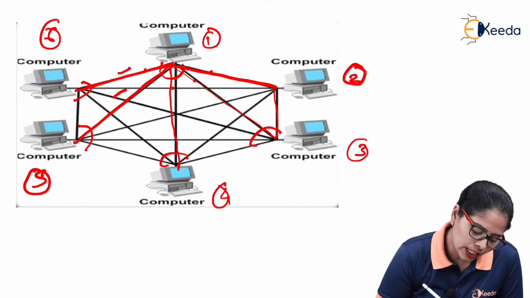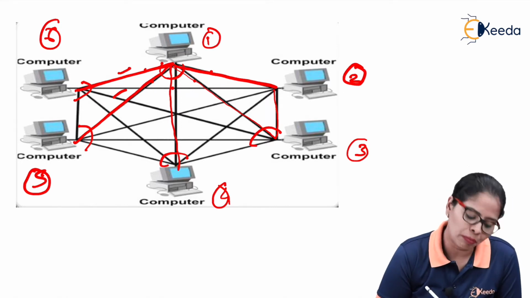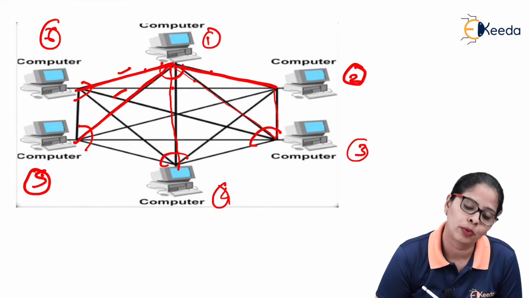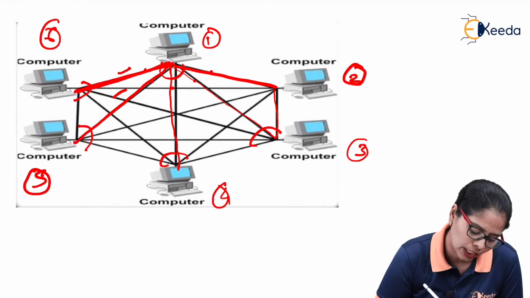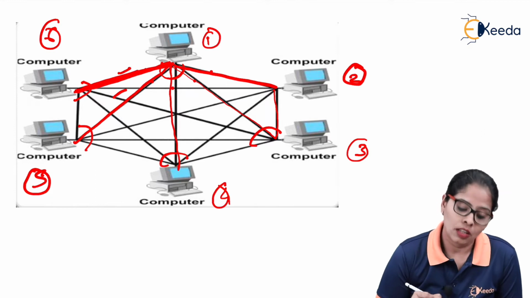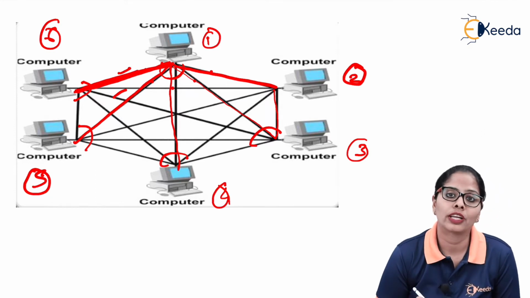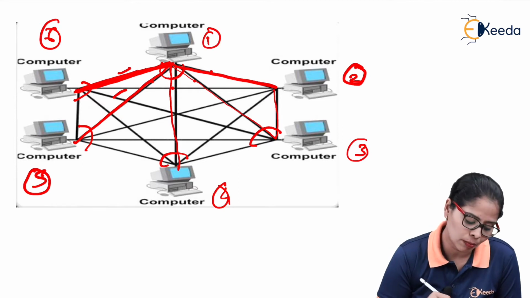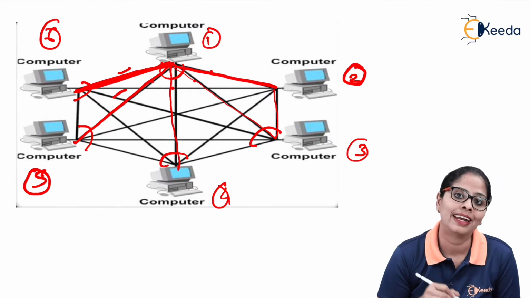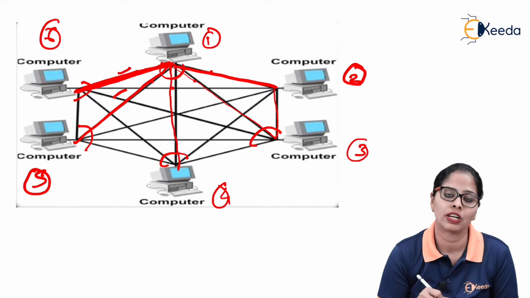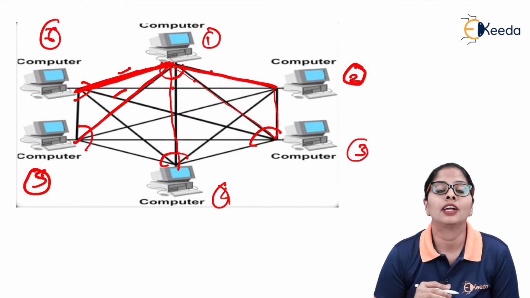It means whatever traffic is between computer 1 and computer 6 is going to be transmitted over this link. The other computers cannot send that information or traffic. It is point to point, meaning it is a dedicated link between the two devices. It is not shared by any other device.